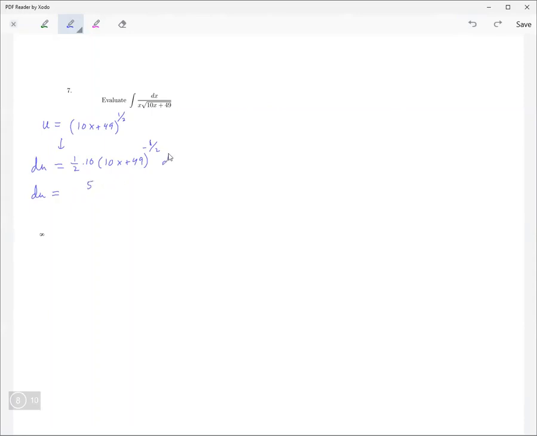5, and of course the dx on the end. It's going to be 5 over the square root of 10x plus 49 dx. Okay, so let's take this 5 over to here.